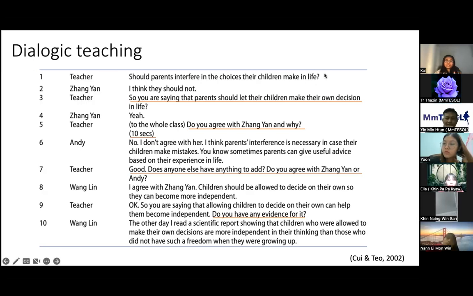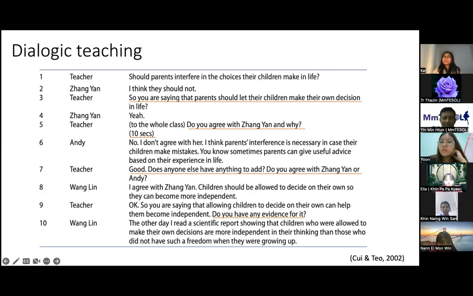That is, the teacher is opening students' ideas. Active and extroverted students start sharing their ideas. And here the teacher uses a sentence like, okay, so you are saying that parents should let their children make their own decisions.